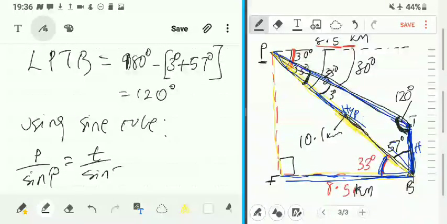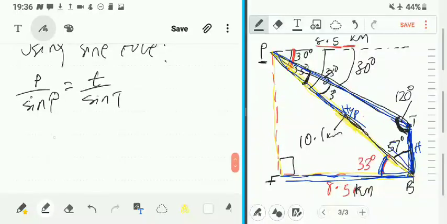So P over sine P equals T over sine T. So P is TB over sine 3 degree. That's sine P, this is P here.